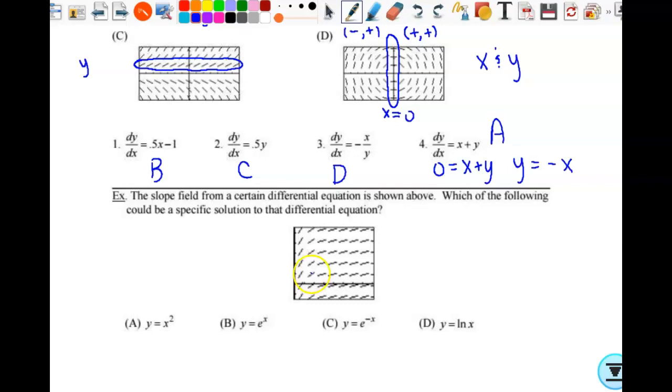So what I could do is I could pick a point here, kind of like draw myself a solution curve, see what we're working with. And then I ask myself, what function type does that appear to be? Does that look like a quadratic? Does it look like an increasing exponential function? Does it look like a decreasing exponential function?